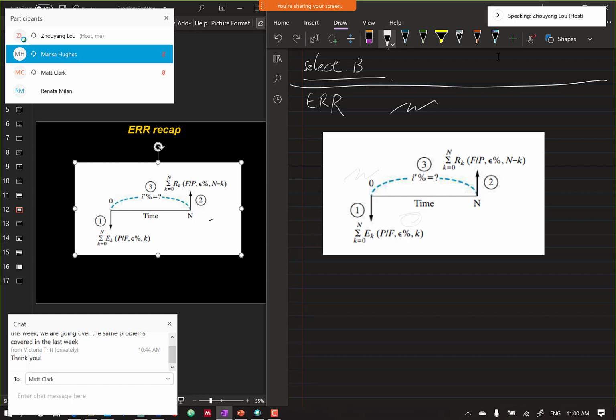So we first convert all the net expenses to the present value. This is the net expenses, and then we put all the net revenues, net inflow in cash flows, to the future, and then we want to know what is the interest rate, or external rate of return, that will bring all these net expenses at the present to the future, so that the two will be equal.